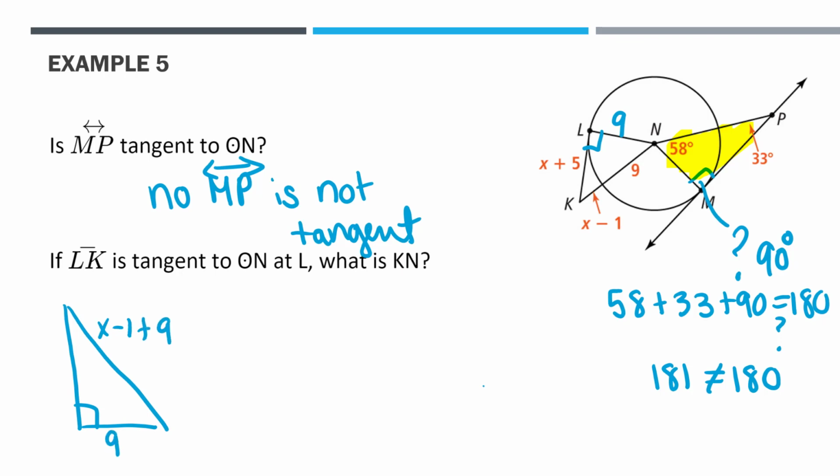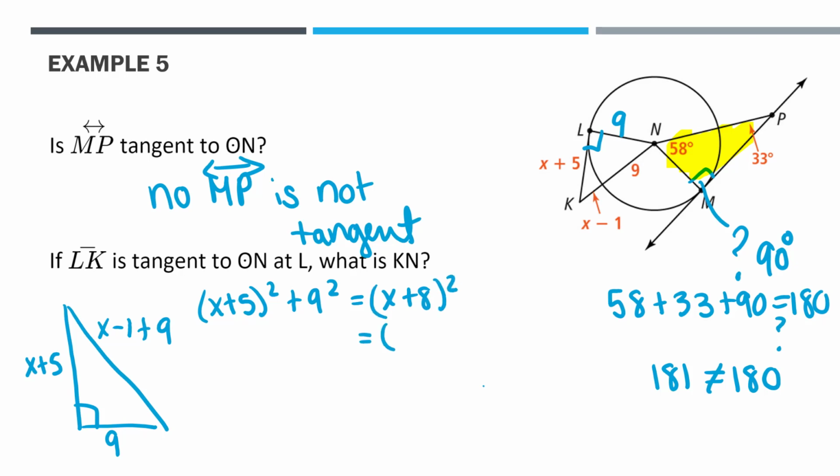We will have 9 on one leg and x plus 5 on the other leg. If we're trying to find the length of KN, we first need to find what x is. So we'll use the Pythagorean theorem. We have x plus 5 squared plus 9 squared is equal to x plus 8 squared.